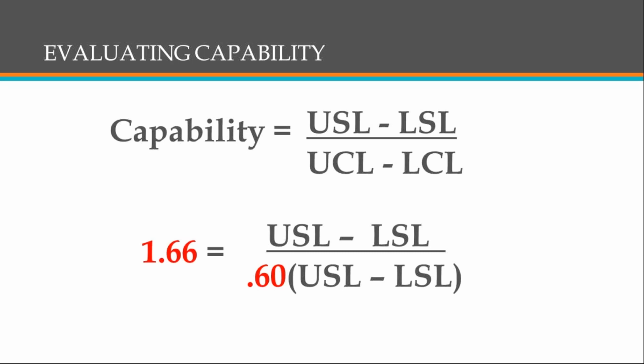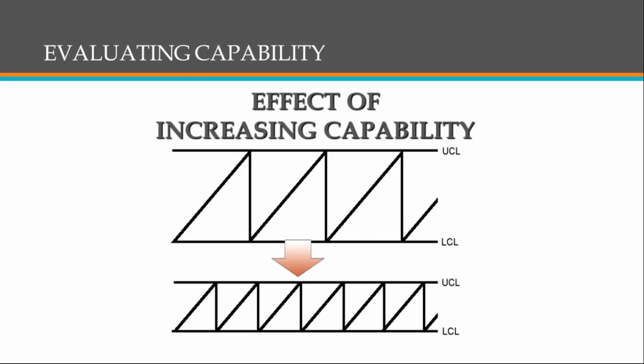Now, if you wanted a 1.66, you would notice that you would have to run to 60% of your specification. However, if you were to do that, it has you decrease the distance between your control limits, and that causes more operator intervention. More operator intervention is typically a bad thing. What you want is less operator intervention.